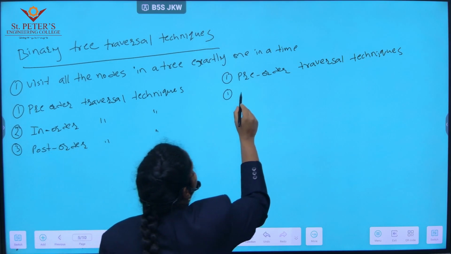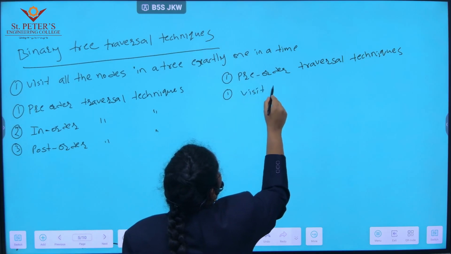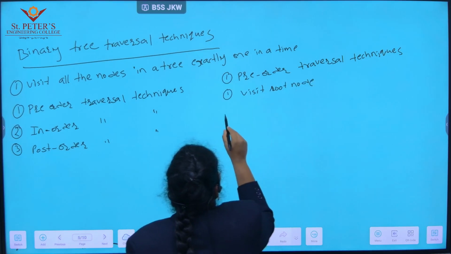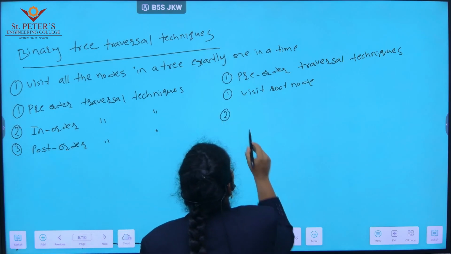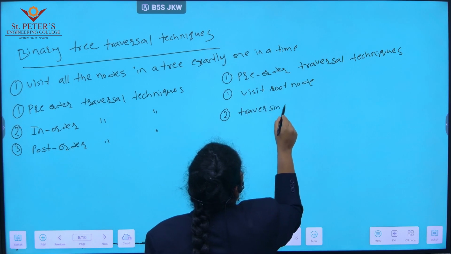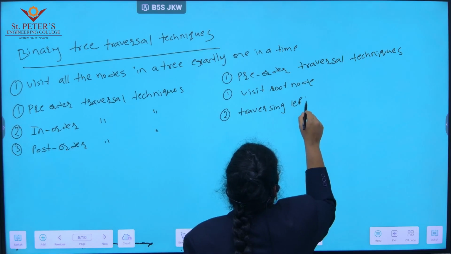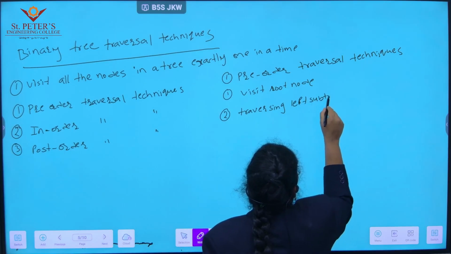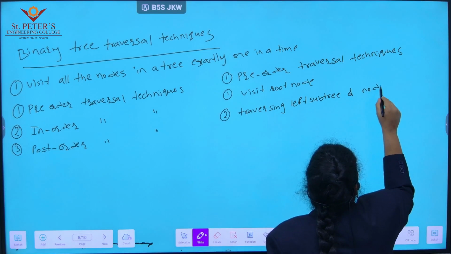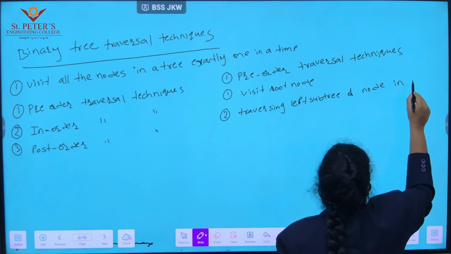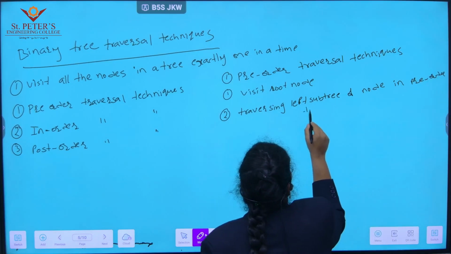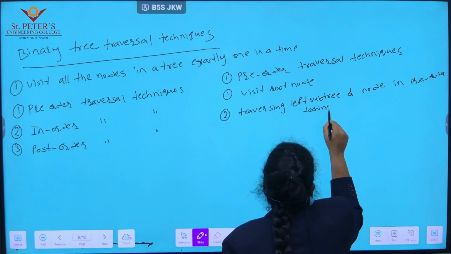So first step is visit root node, and next is traversing left subtree of node in pre-order technique.